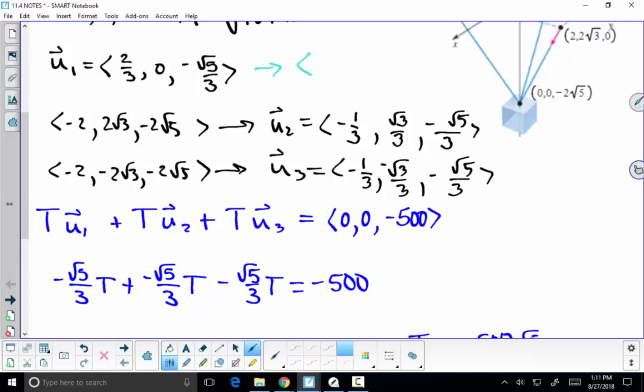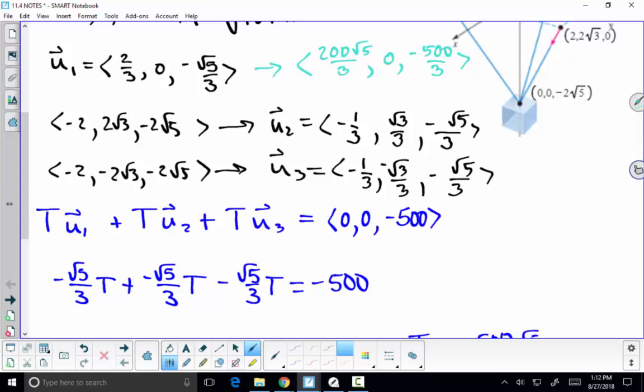But if we multiply it by 100 root 5, we're going to have 200 root 5 over 3, 0, and then minus 500 over 3, I believe.